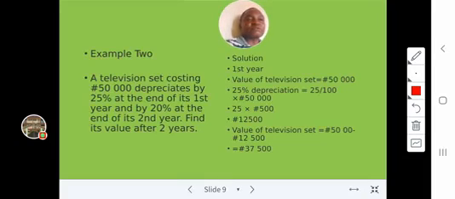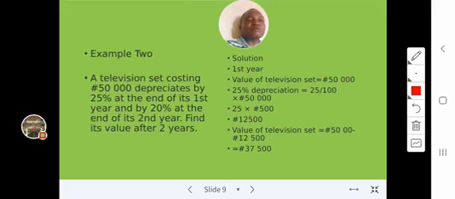The value of the television set is 50,000 naira for the first year. Then the depreciation is 25%, which is 25 over 100 times the 50,000 naira. 50,000 divided by 100 gives you 500. 500 times 25 is 12,500 naira.